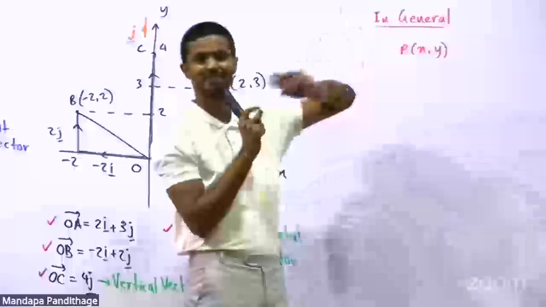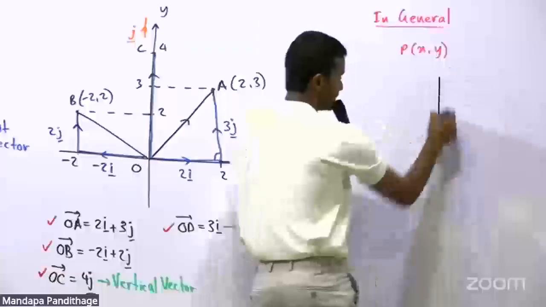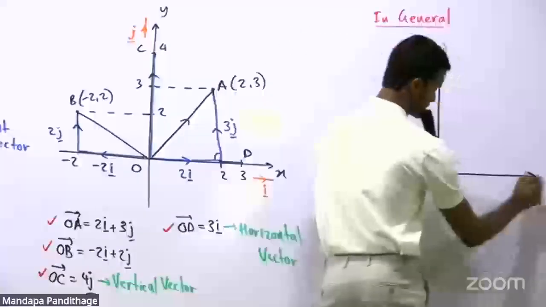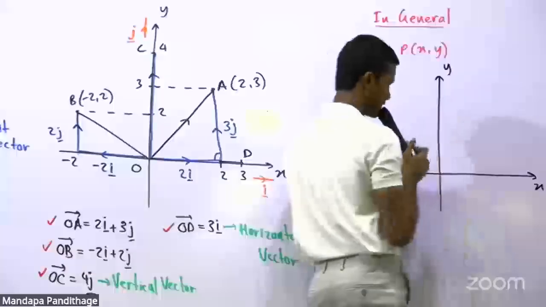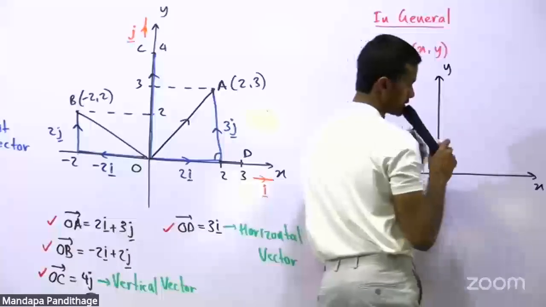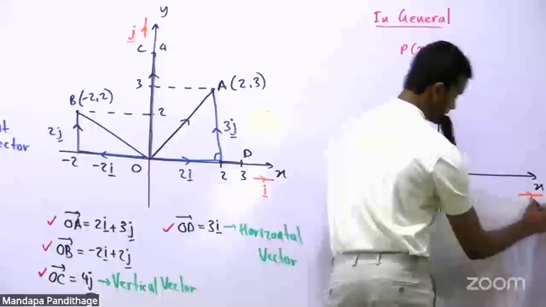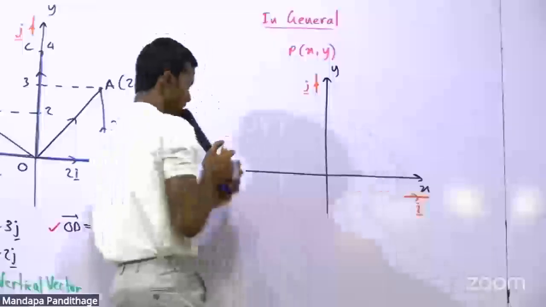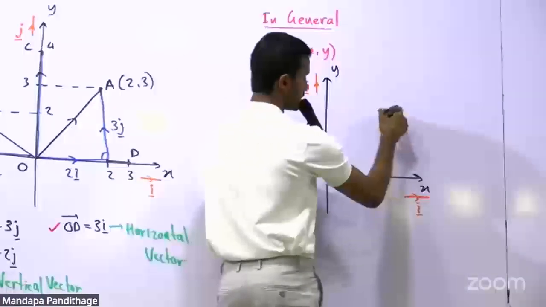Listen. So I have the two axes, x and y, and I know the unit vectors in these directions are I and J. I have taken a point in general, (x, y).